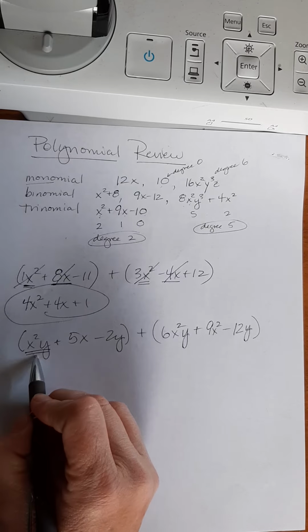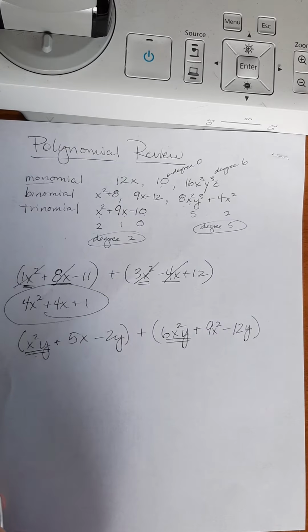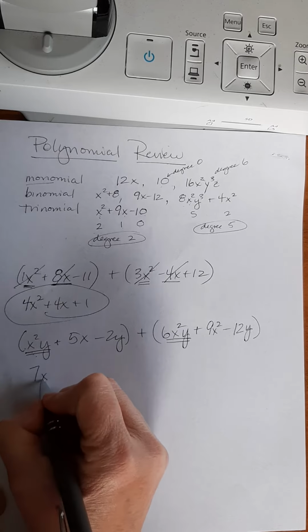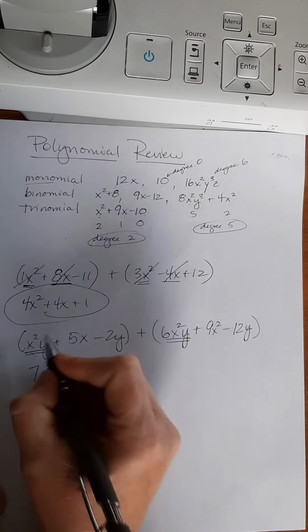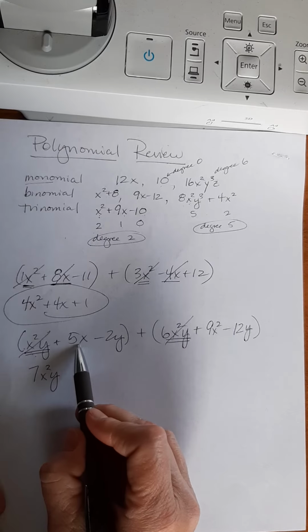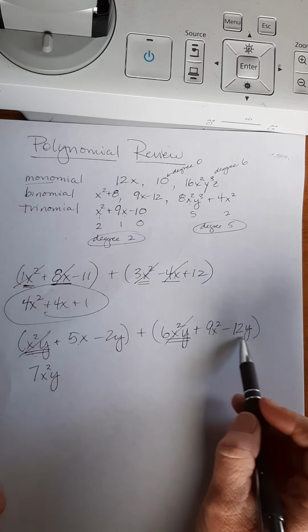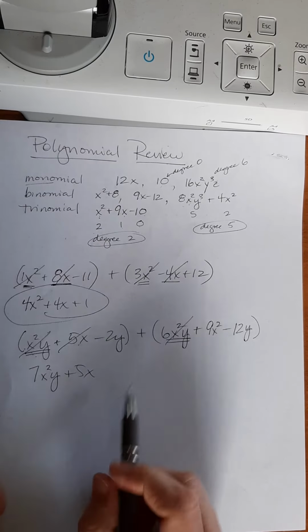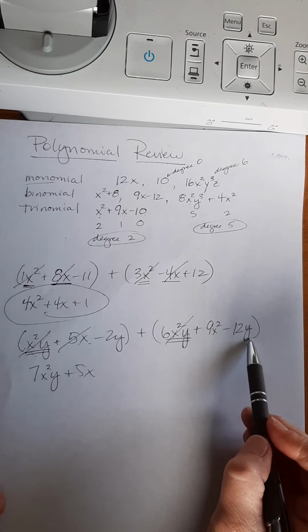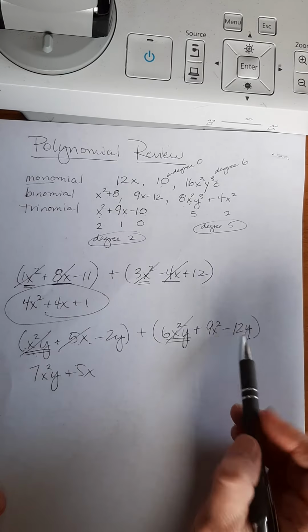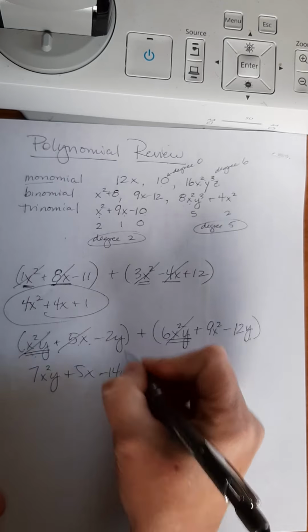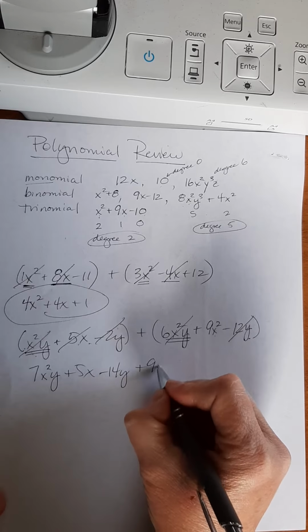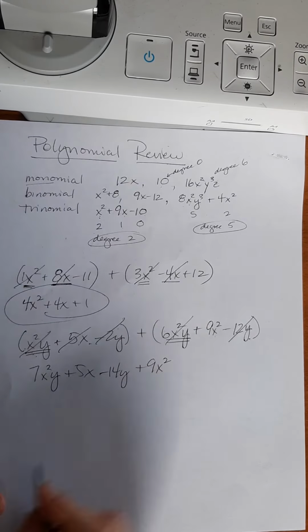Well, 2 x's and a y, 2 x's and a y. So 1 plus 6, 7, x squared y. Then we come across to 5x. There's no other one like it. So just bring it down. Then we've got a y. Aha! So negative 2 and negative 12, negative 14. X squared, there's only one of those. There you go.